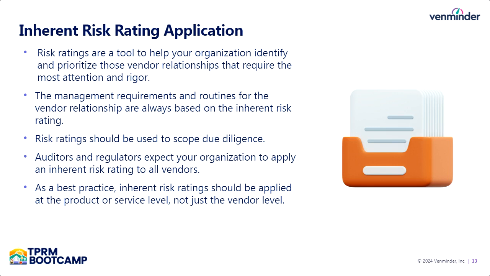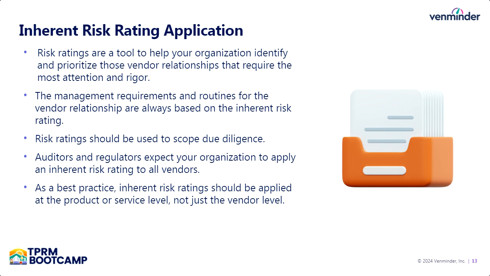All right, so now that you have a risk rating, what do you do with it? Well, keep in mind that third-party risk management is a risk-based process. That means that risk rating is going to help you determine literally everything you need to do with that particular vendor relationship moving forward.